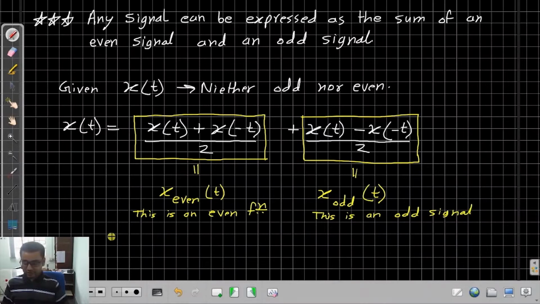Let us verify. To verify, we will find the value of x even at minus t.